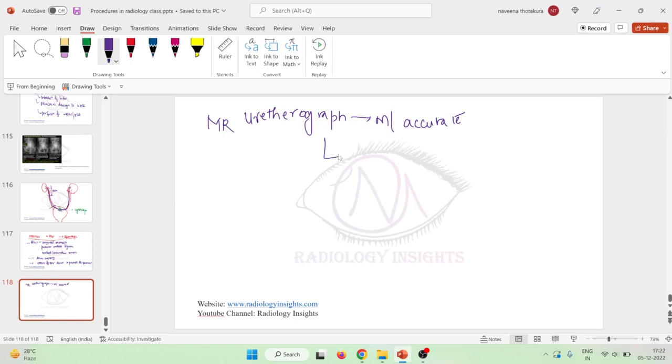It is very accurate in assessing the length of an obstructive urethral stricture. If there is a stricture in the urethra and it is obstructive, in order to know the length of the urethral stricture, MR urethrography can be done.